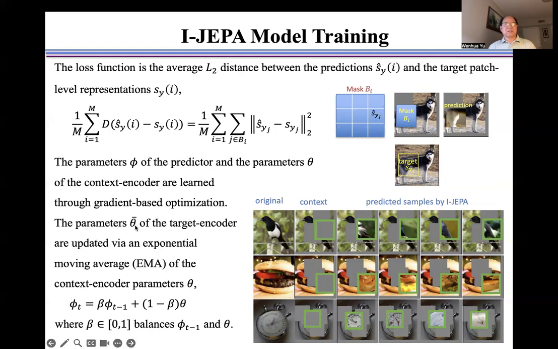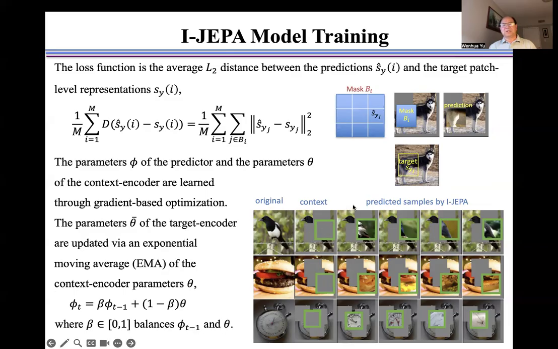The parameters theta bar of the target encoder are updated via an exponential moving average of the context encoder parameters theta, as shown here, where beta balances theta bar at t minus 1 and theta.